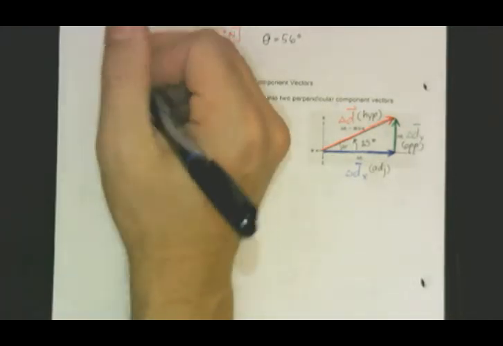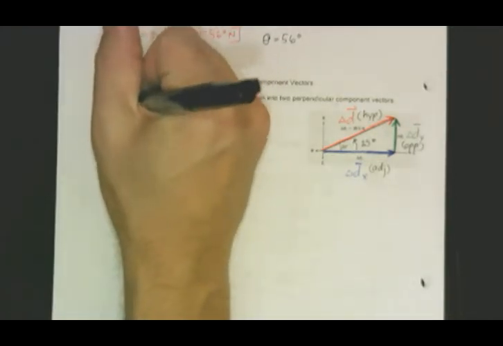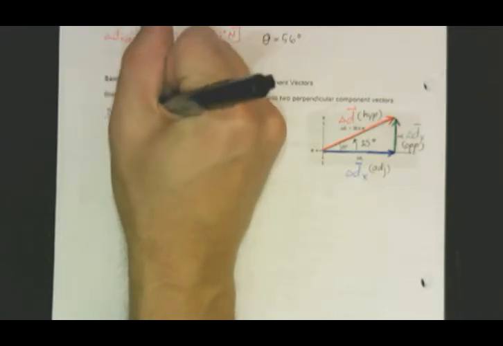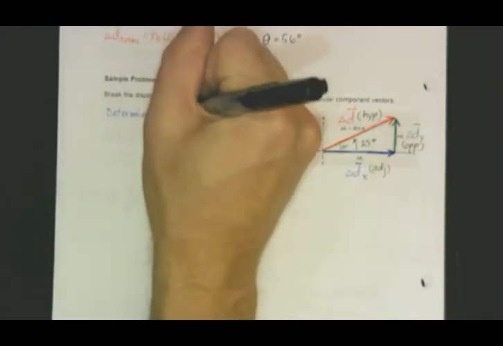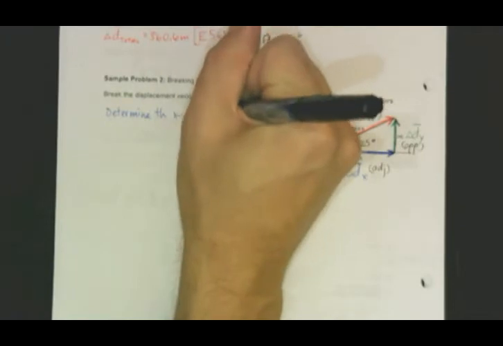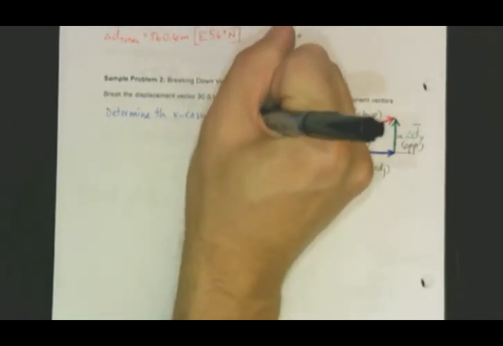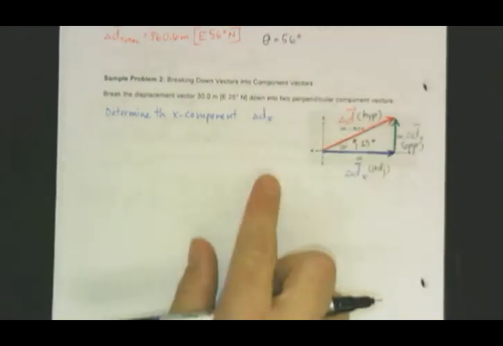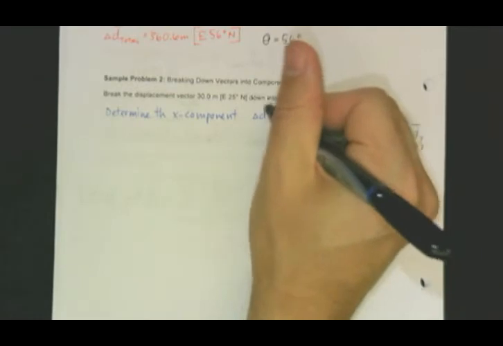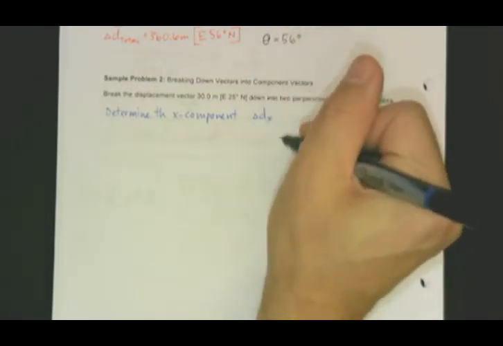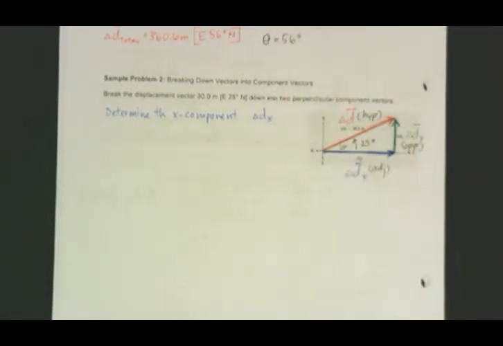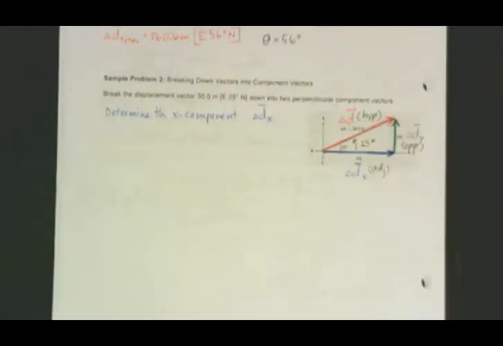So let's first determine the x component. The x component is going to be given the symbol delta dx. Some textbooks won't put an arrow on top of this because the x tells you the direction. The x tells you that it's horizontal. I like to keep the arrow on top.